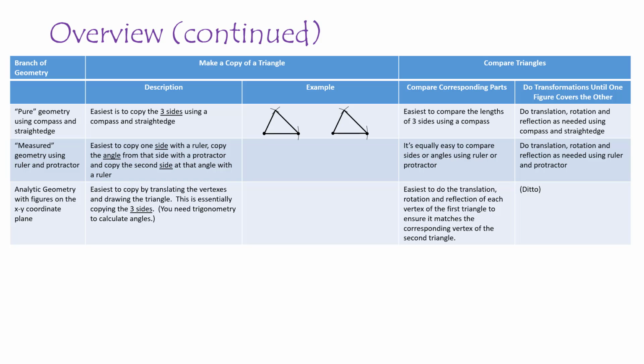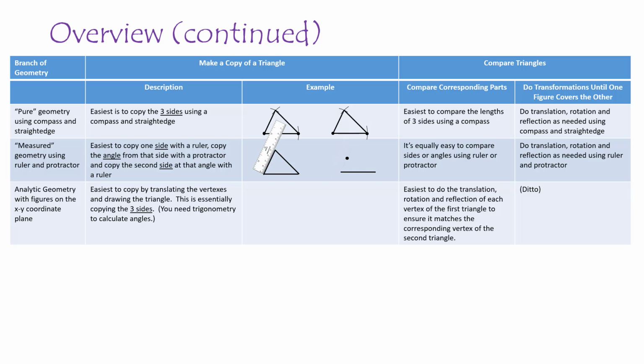And so the next one is measured geometry, and for that, the easiest way is to copy a triangle. You start with a triangle, and then you measure the first side and you draw it. Then you measure the angle between the first and second side, and you draw a dot for that angle.